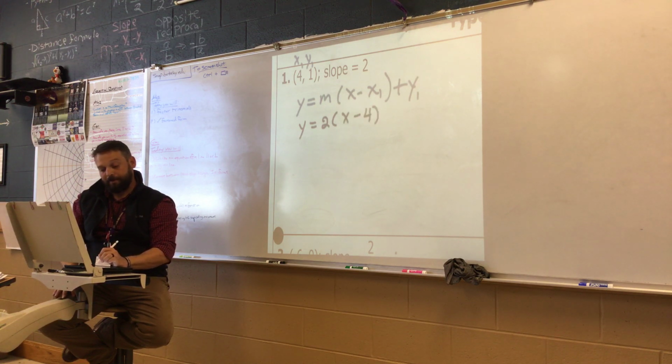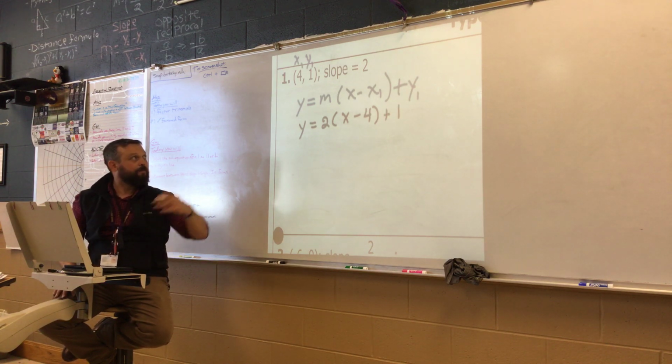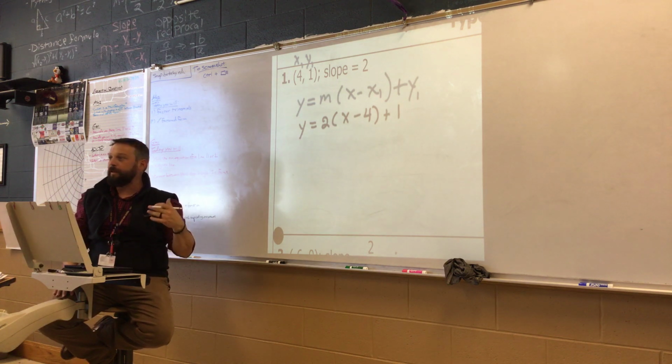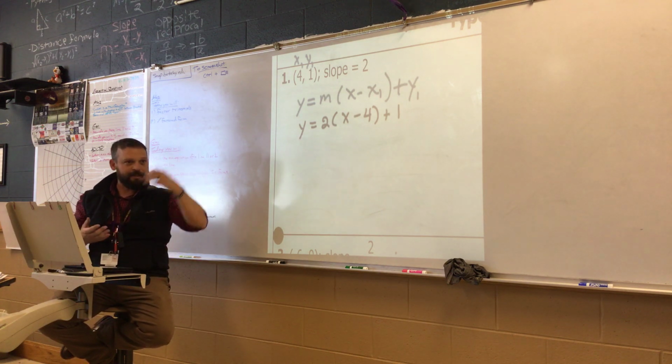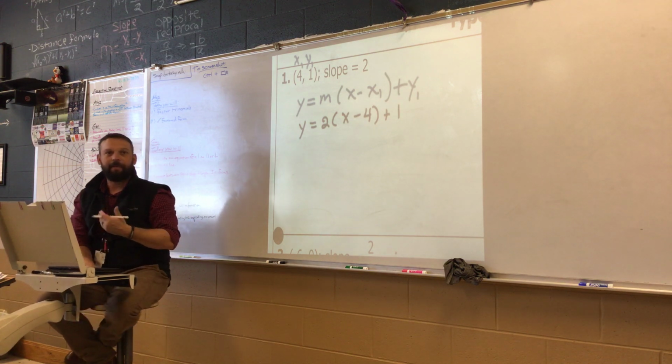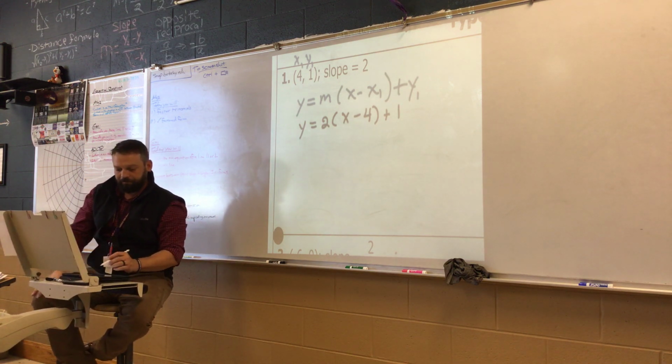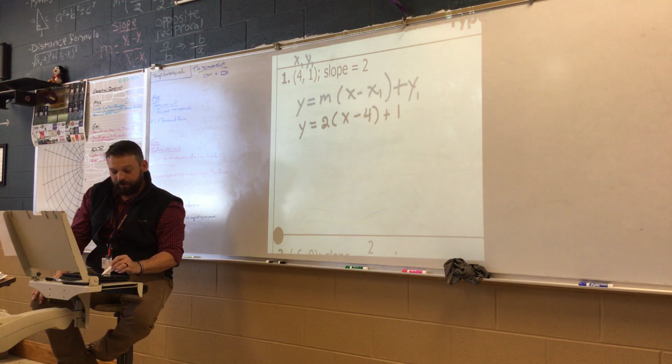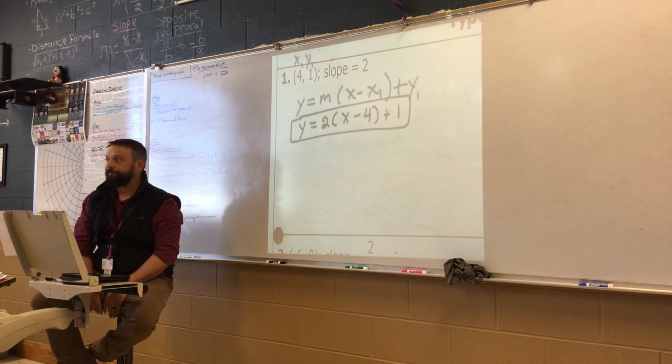Biggest thing people mess up on with these is they forget signs. That's just like any part of math. If that 4 had been a -4, when you put it inside the equation, remember it becomes plus. Stuff like that is usually what happens. Now, as far as point slope form, you're done. That's it.